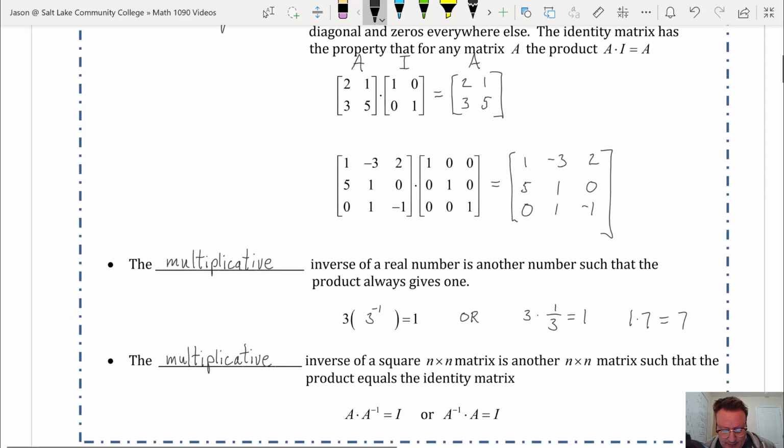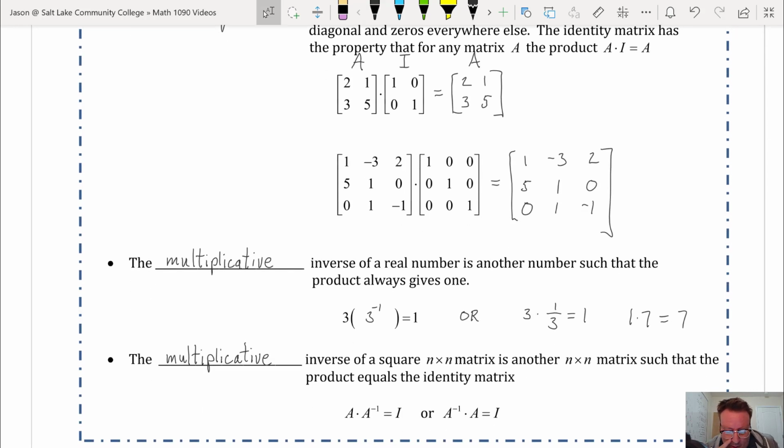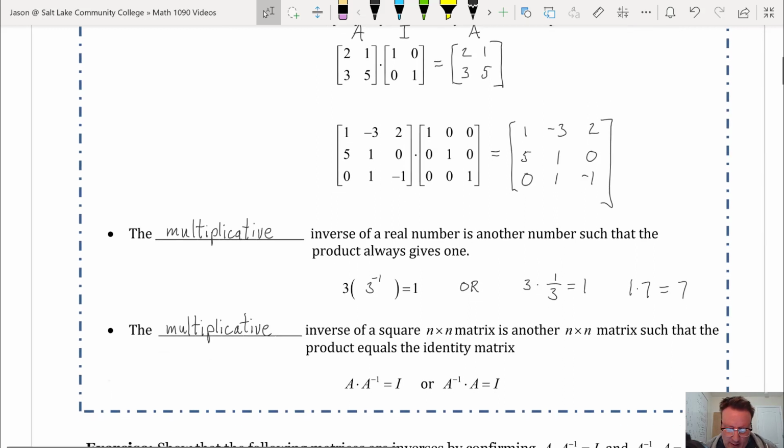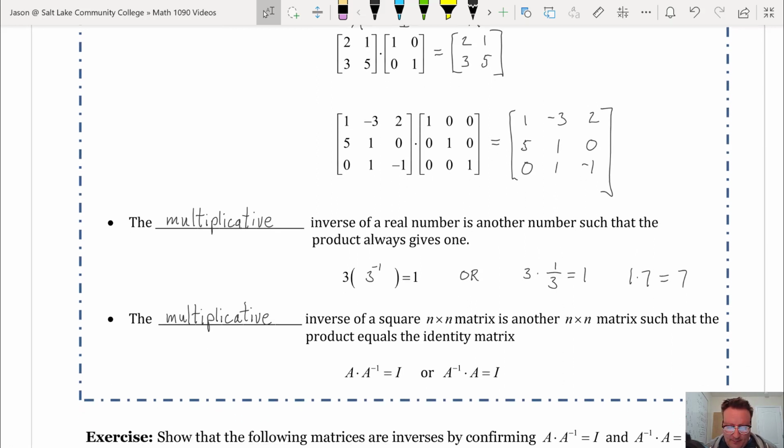Now, similarly, the multiplicative inverse of a square n by n matrix is another n by n matrix such that the product equals the identity matrix. In other words, suppose you have a matrix A, then whatever the inverse of that matrix is, we denote it with A raised to the negative 1 power, which we say A inverse.